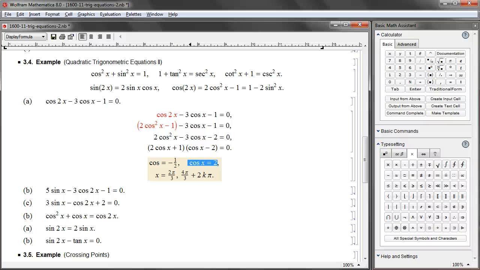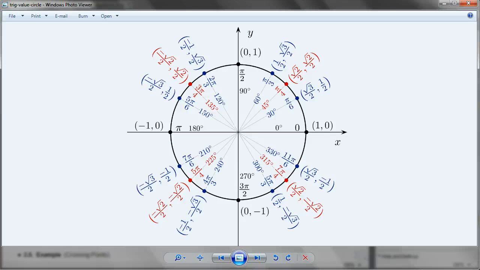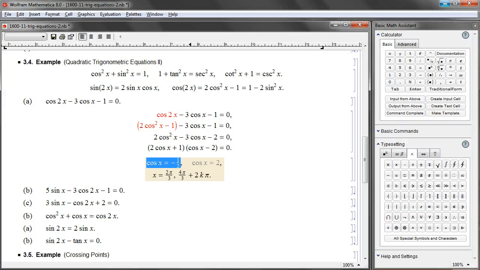And cosine of x equals negative 1/2 from this one. And by looking up the trigonometric diagram, when do we have the first coordinate, cosine part, equal to negative 1/2? Let's see, 2 pi over 3 and 4 pi over 3, aren't they? 2 pi over 3 and 4 pi over 3 plus 2k pi.